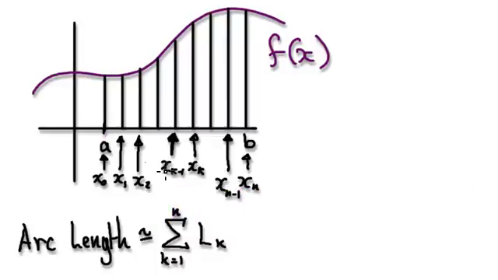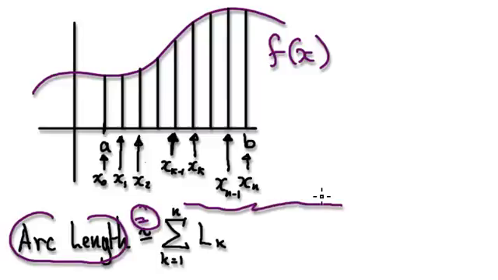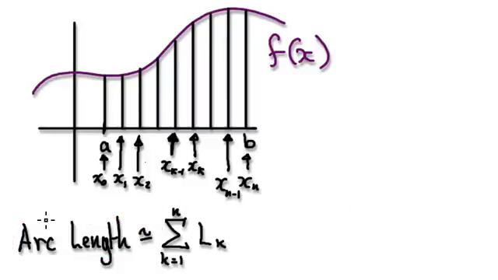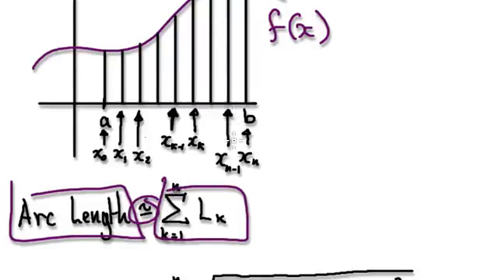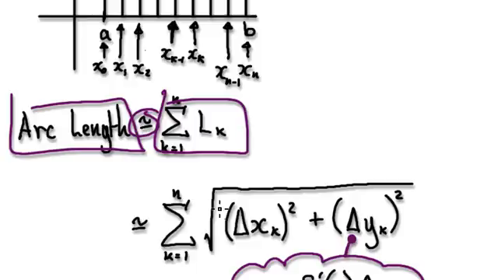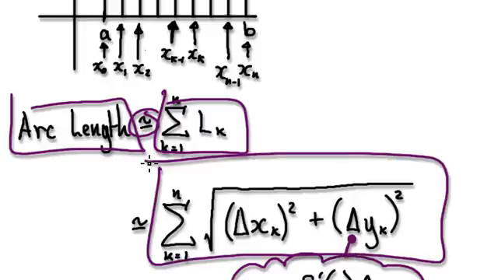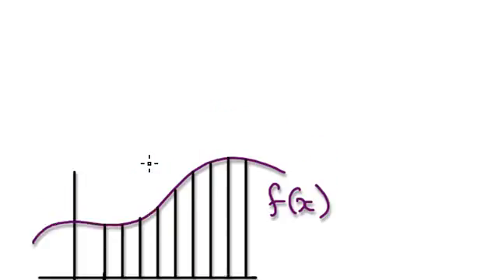As n heads towards infinity, then the arc length will be precisely equal to something. So at the moment the arc length is approximately the sum of all the straight lines. This is what we had earlier up here.